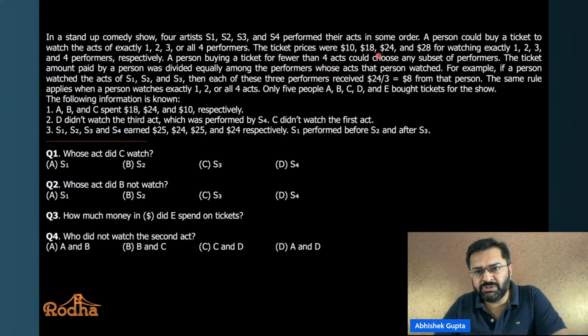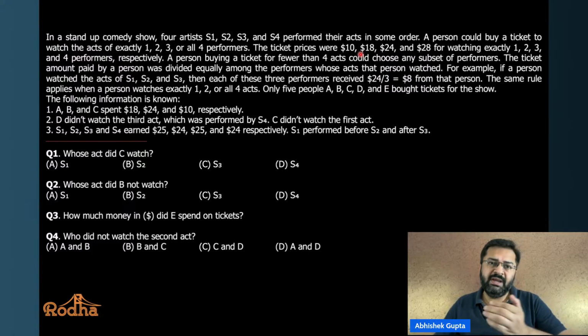So it's like that. So what's happening here is, look at this. If you want to watch just one of them, S1, S2, S3, S4, just one of them, you'll have to pay $10 for it. If you want to watch two acts, then for two, you'll have to pay $18. So $18 would mean what?